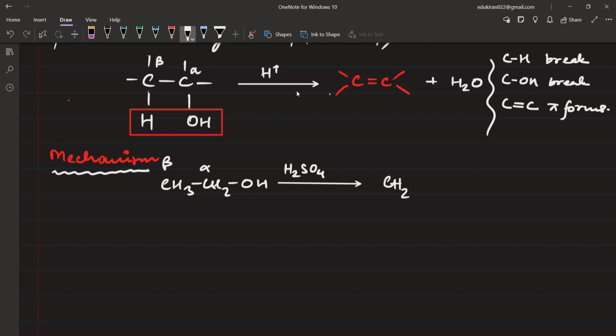So from CH3 it is now CH2, and a double bond is formed with the CH2 from which OH has been removed. Plus we get a water molecule. We are going to look at the mechanism for this. Please write step 1.